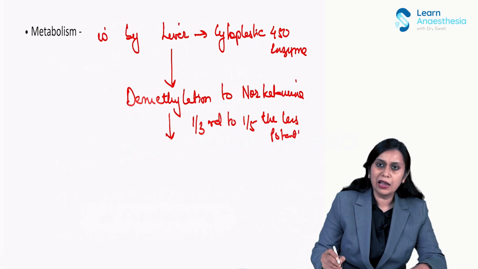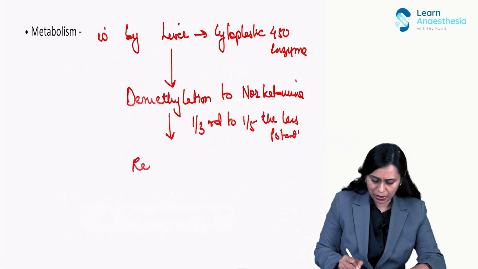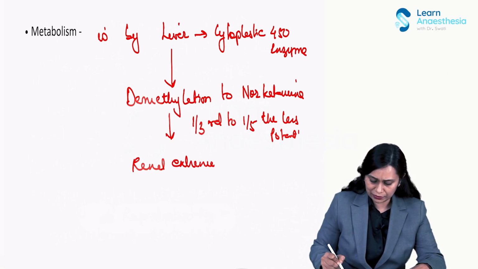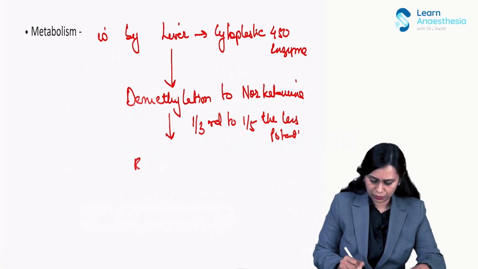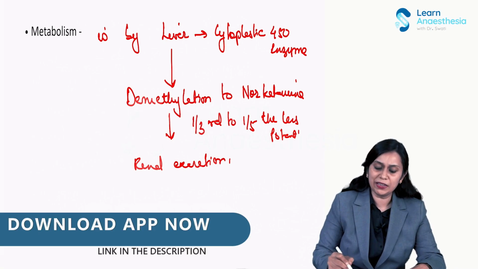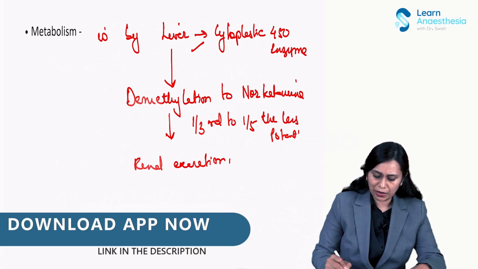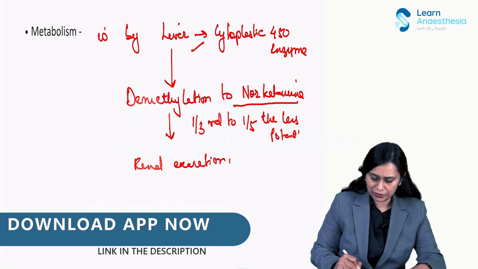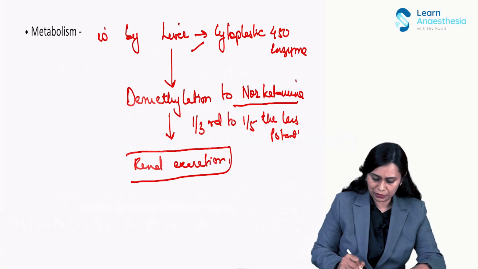This is excreted by the kidney, renal excretion. So it is metabolized by liver to norketamine, and it is primarily excreted by kidney.